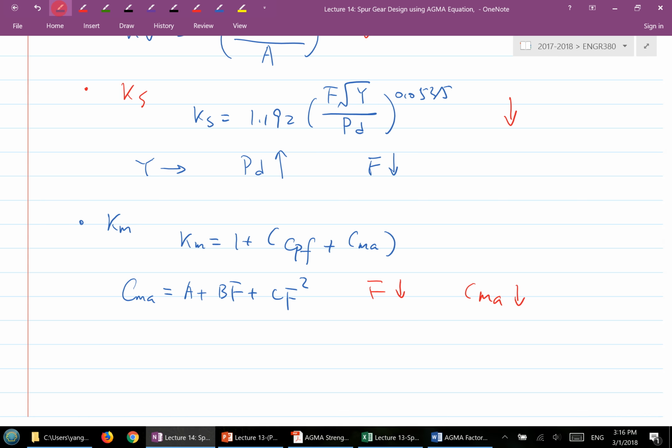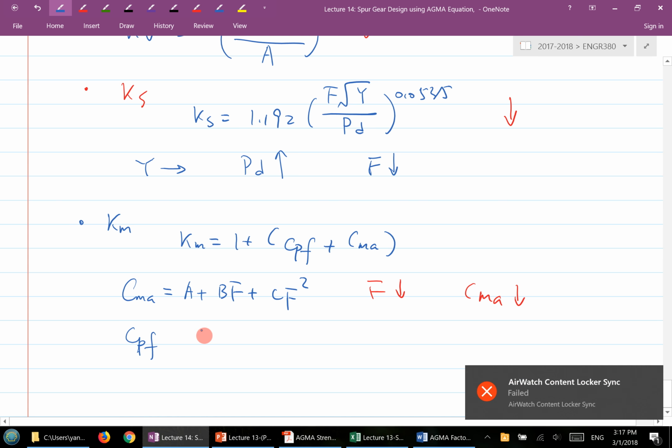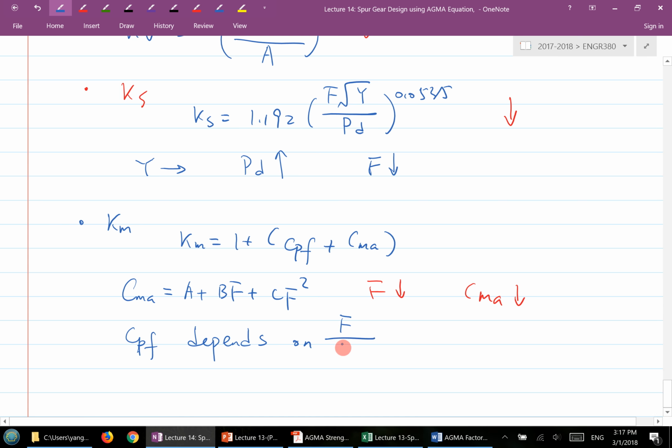Will become smaller. And CPF, if you recall, depends on the ratio of F and the pinion pitch diameter.